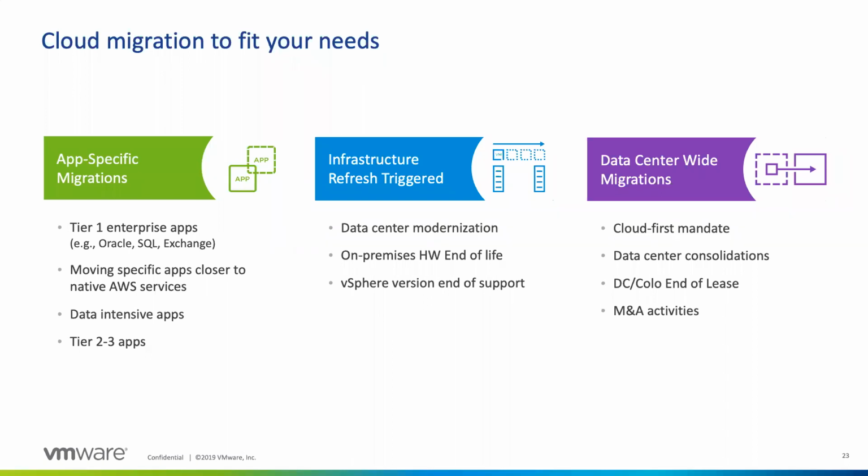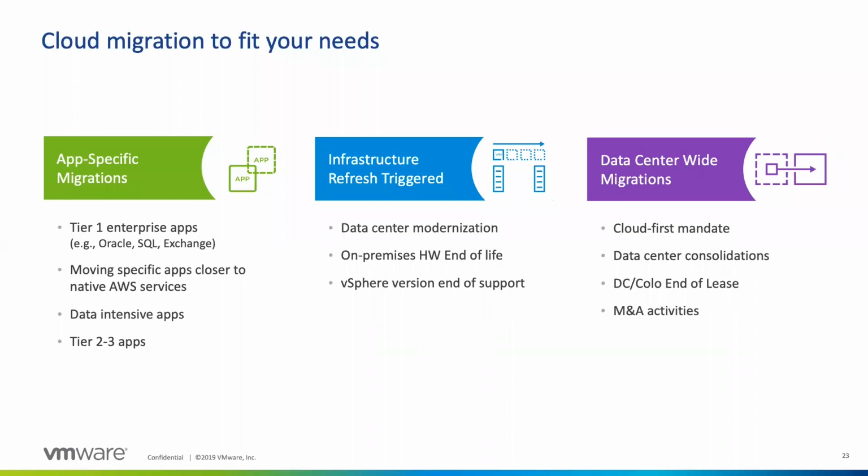You could have a wave of data-intensive applications, or you start with Tier 2 or Tier 3 applications in your environment. The other place that we're seeing customers is around infrastructure refreshes, that they don't want to spend additional capital on refreshing their infrastructure. Instead, they would rather begin the move to the cloud, so they can move that to an OpEx versus CapEx expenditure.